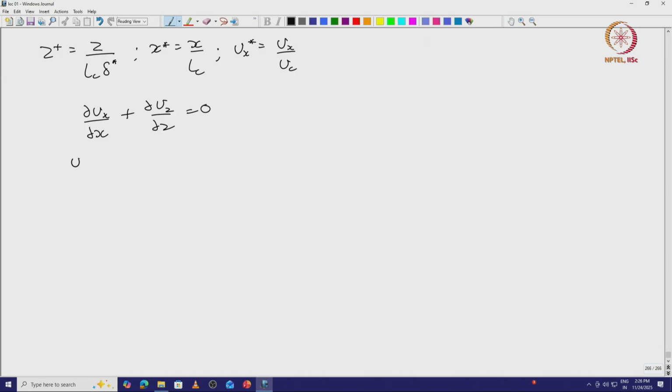Scaling, Vc by Lc partial Vx star by partial x star. We still do not have a scaling for the velocity in the z direction. So, I will just get 1 over delta Lc partial Vz by partial z plus is equal to 0.